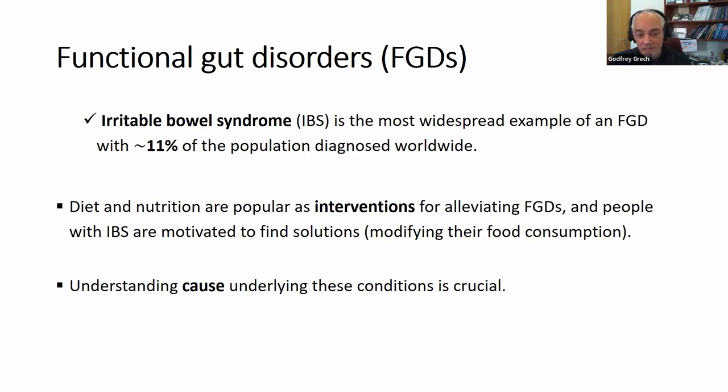But in terms of IBS, it also is important because you can restore this. There is an intervention, a possible action, using diet and nutrition and prebiotics and potentially sometimes probiotics, depending on the disbalance, and people can actually find a solution. So understanding the cause is definitely crucial to do the right intervention.